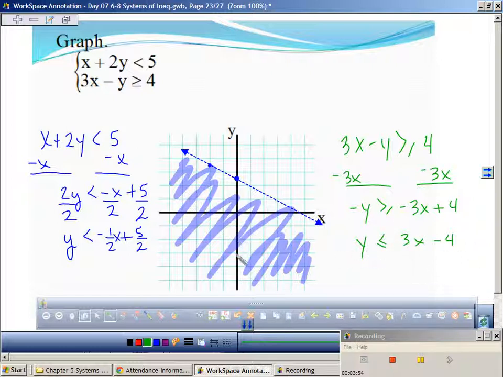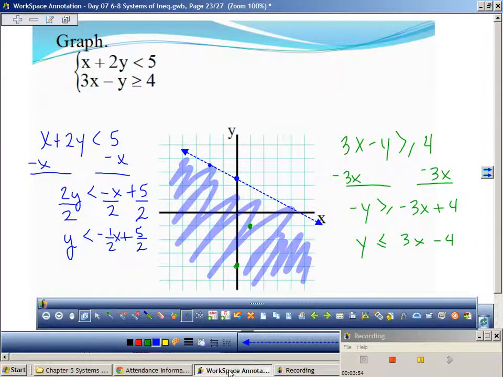I'm going to go down 1, 2, 3, 4 on my y-axis, and I'm going to graph up 3 over 1. Draw my line. Is it dotted or is it solid? Should be solid. Oops, needs to be green.